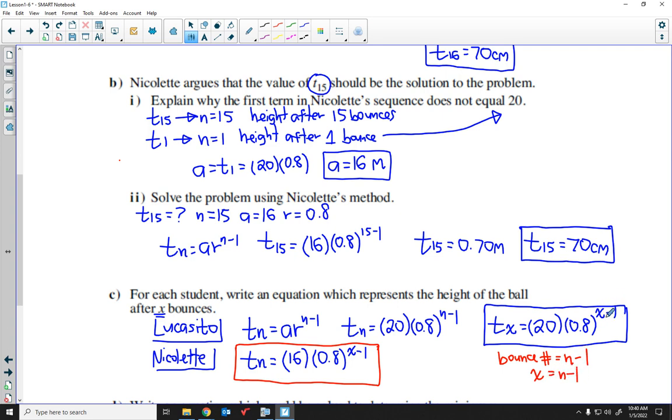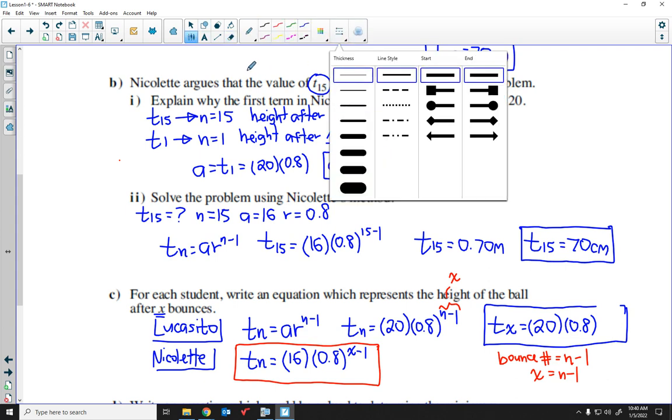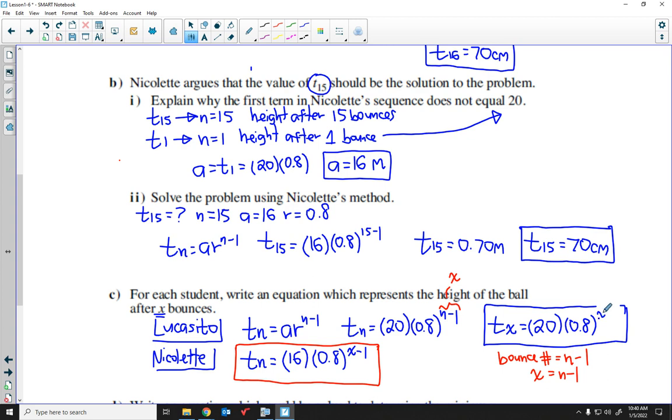So here we're not going to write down x minus 1 because n minus 1 is x. The bounce number is the term number, subtract 1. So we're just going to erase this here. Again, this is why I really don't like the method where the bounce number and the term number are offset, because it does get a little more confusing. But hopefully that makes a bit of sense. Okay, so it says x bounces. And again, the bounce number is the term number minus 1 in Lucacito's sequence.